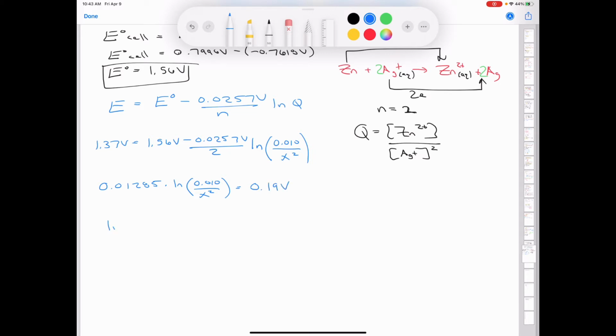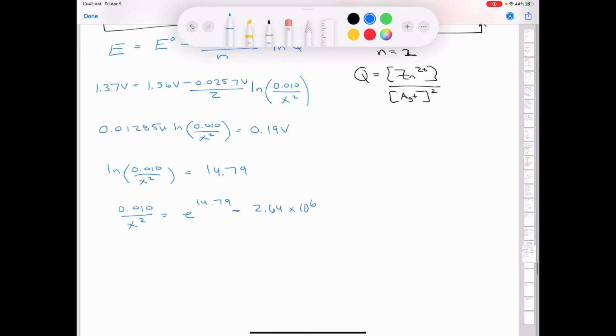Then I can say that the ln of 0.010 divided by x squared is equal to 14.79. Then I can say that 0.010 over x squared is equal to e to the power of 14.79, which is equal to 2.64 times 10 to the power of 6.